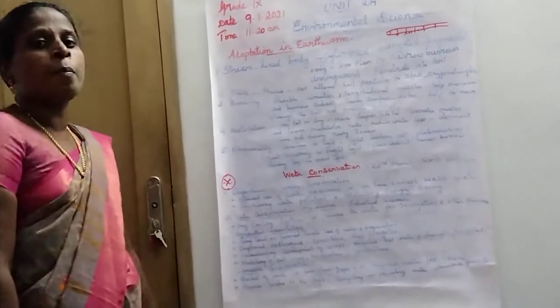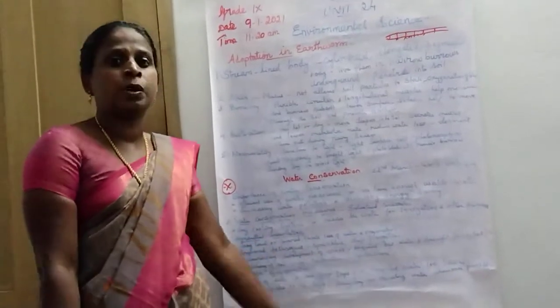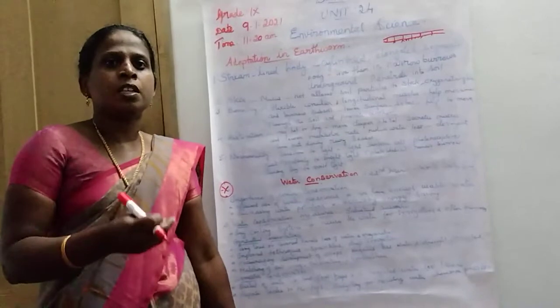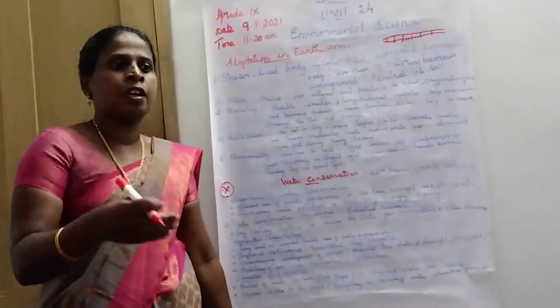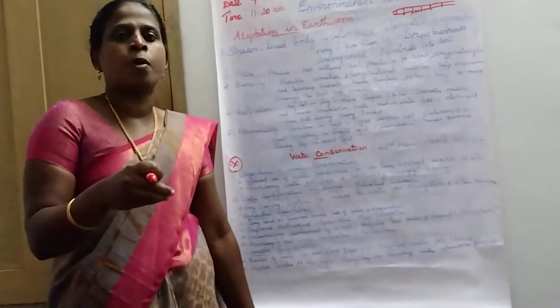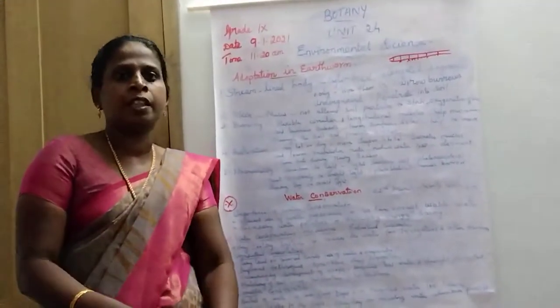Fourth point is mulching of soil in vegetable cultivation as well as horticulture. What is mulching? We all know the soil is dug up, so that when we pour the water, it can filter inside the soil.